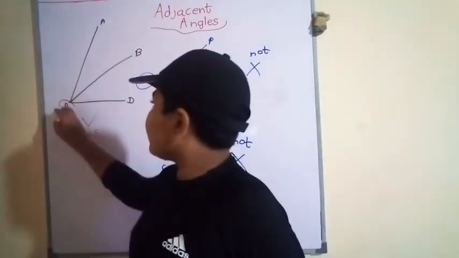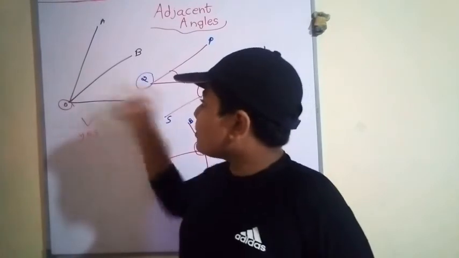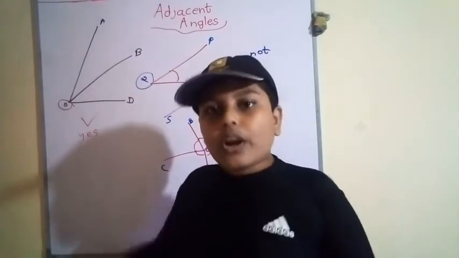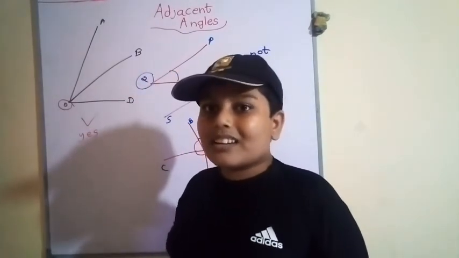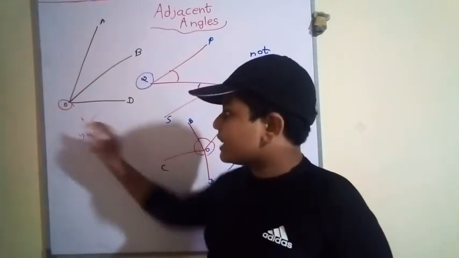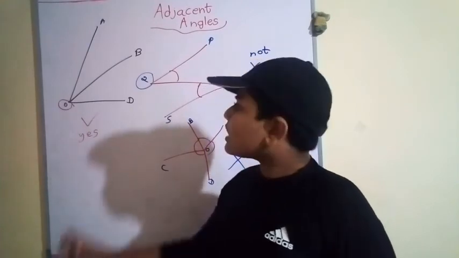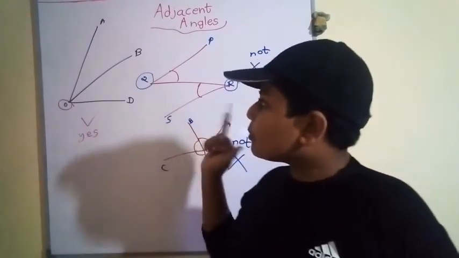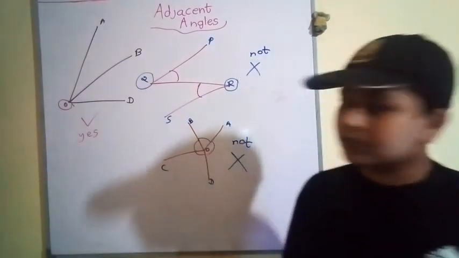Now first you want to find the vertex. AOD, BOD, AOD, all have the vertex O. Now that is the common vertex.